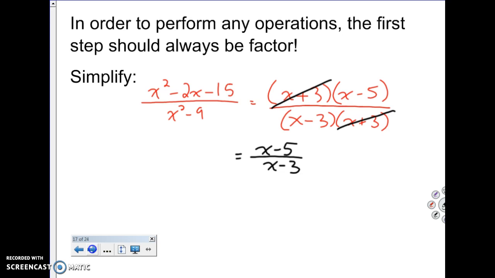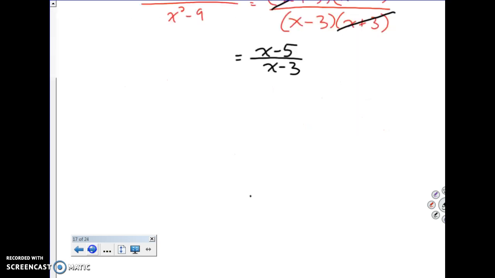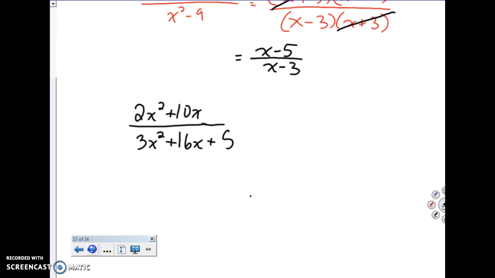All right, what about another example? If you were given maybe this, okay, and again, you're told to simplify.